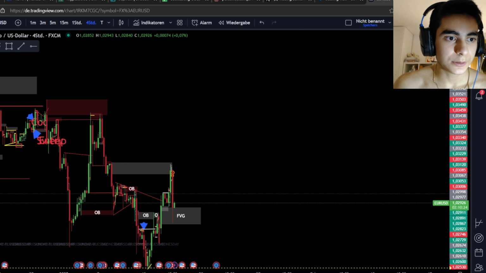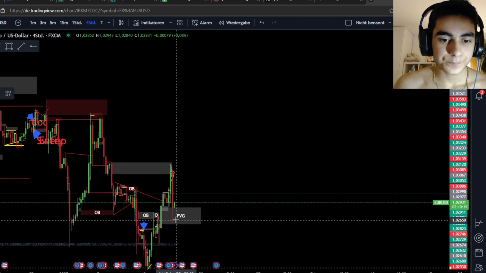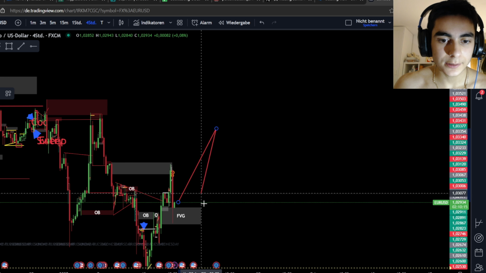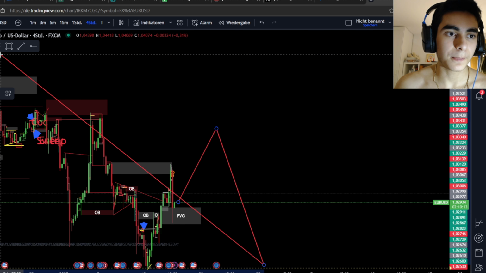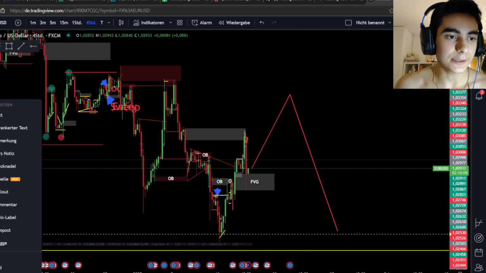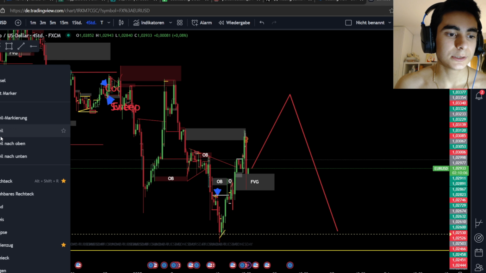So what I think is going to happen is price shoots up, comes into this order block right here, then proceeds lower. But we will see what price gives us tomorrow.